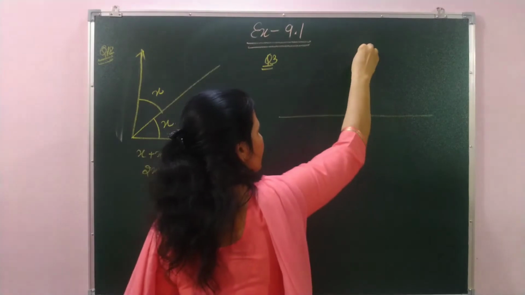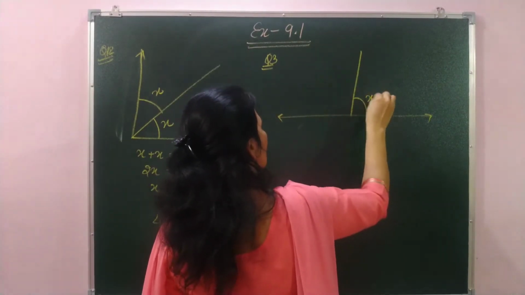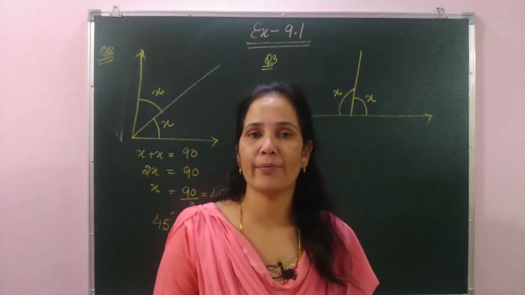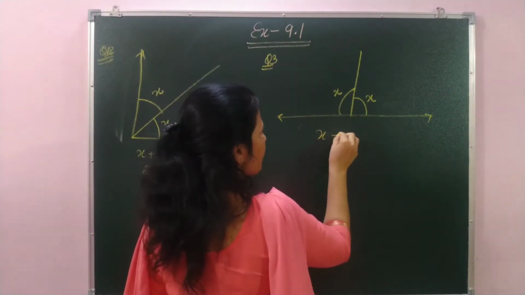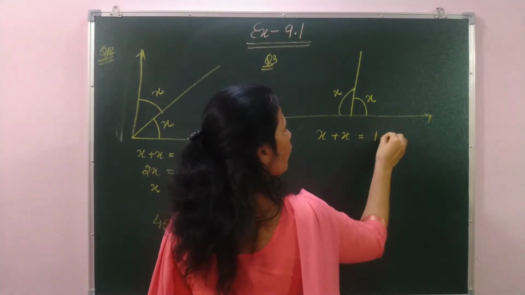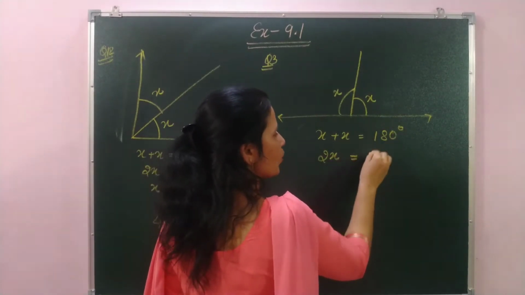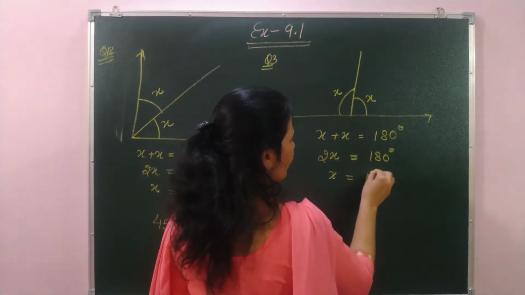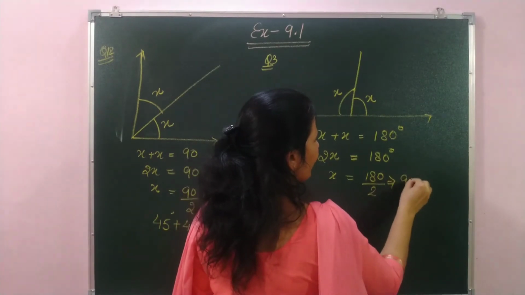So here we will take it like this, the same formula we will apply. This is our angle x, and this one is also angle x, and we know very well the sum of supplementary angles is 180 degrees. So x plus x equals 180 degrees. So 2x equals 180 degrees, and x equals 180 divided by 2, that means 90 degrees.